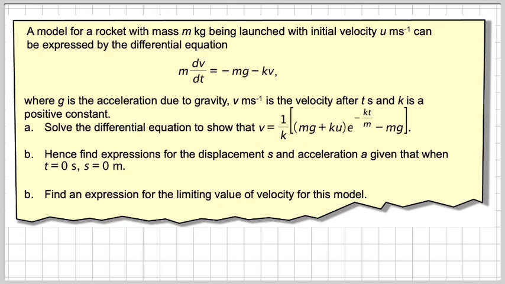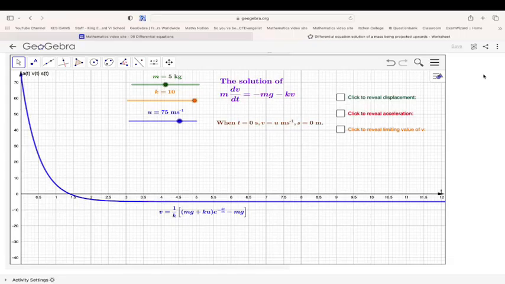Now, before we start, there is a GeoGebra app for this, and you can get it from the link in the video. So just have a quick look at it. Here is the velocity equation, and if we click on these things, it's got a given mass of 5, k is 10 at this moment, and u is 75 meters per second.